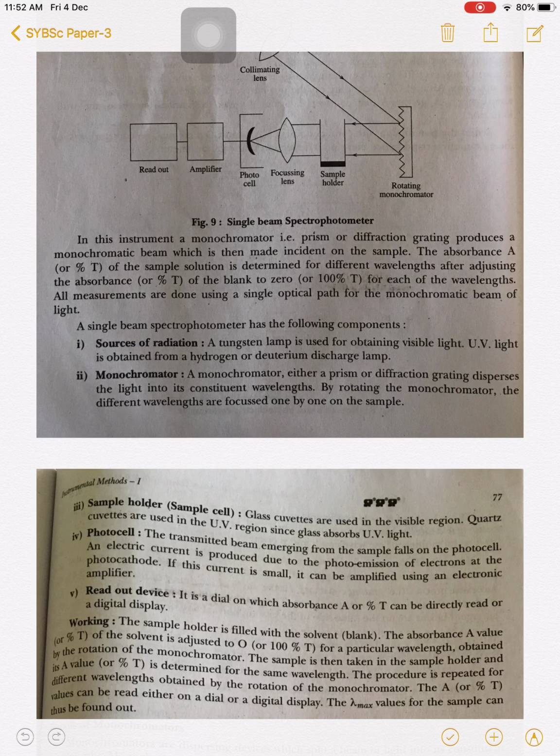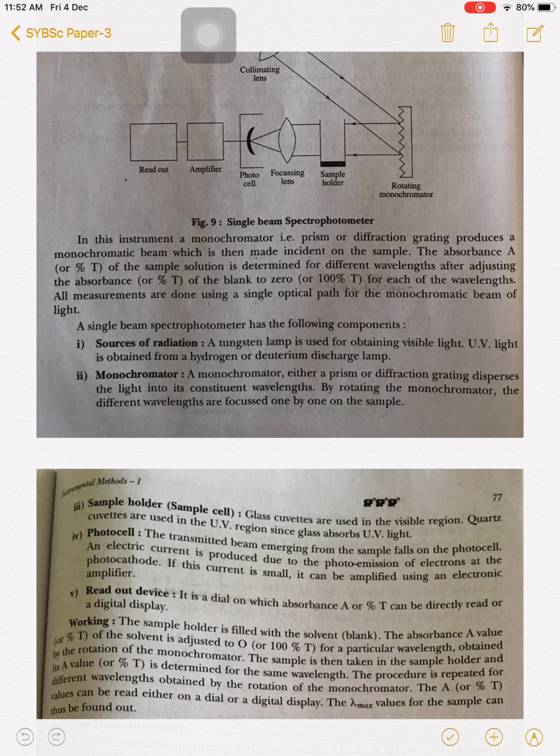The second component is monochromator. A monochromator, either a prism or a diffraction grating, disperses the light into its constituent wavelengths. So what is the role of this monochromator? Monochromator disperses the light into its constituent wavelengths, that is 400 nanometers, 500, 600, like that.